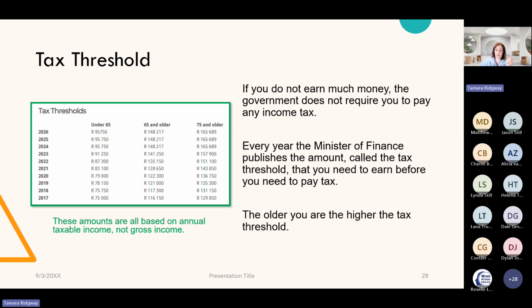Just to refresh their memory, annual taxable income. Okay. And the reason why I point out to them specifically that the tax threshold is one amount is because obviously when it comes to rebates, it's not. They need to add. And I would rather point out from the beginning, look how these two are different.